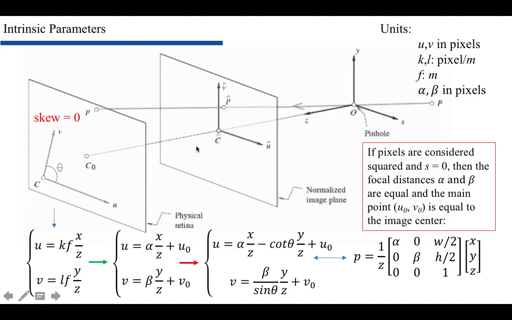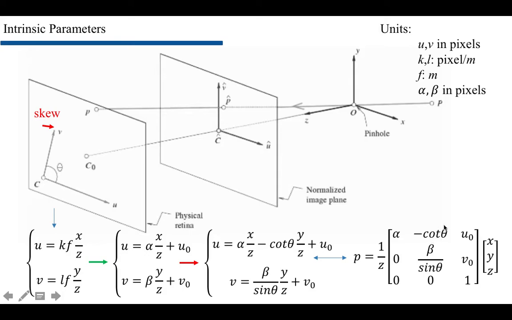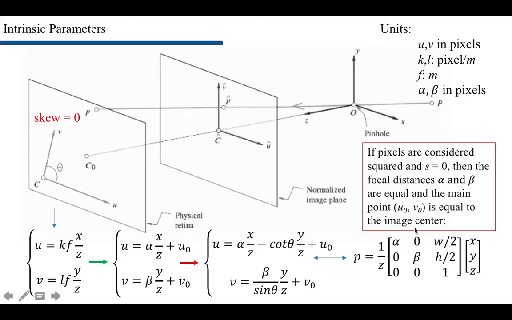So finally, it's very common that cameras don't have a skew at all. If pixels are considered square and s, the skew factor, the term that corresponds to the skew, is equal to 0, then the focal distances alpha and beta will be exactly equal, because f will be exactly the same, and the main point u0, v0 is equal to the image center.